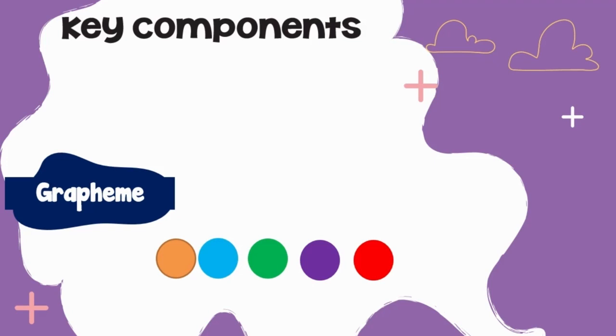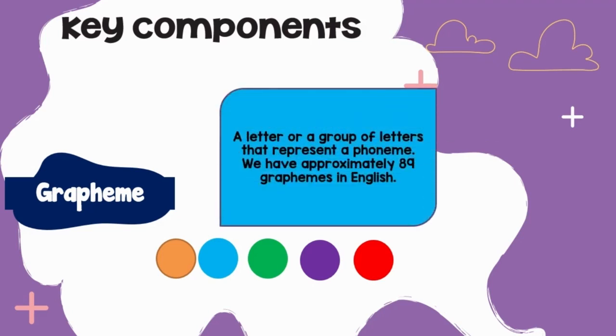These phonemes and graphemes are how we represent our words. So the graphemes that match up with these sounds is the next part that we would do. A letter or group of letters that represent a phoneme, and we have approximately 89 graphemes in English.